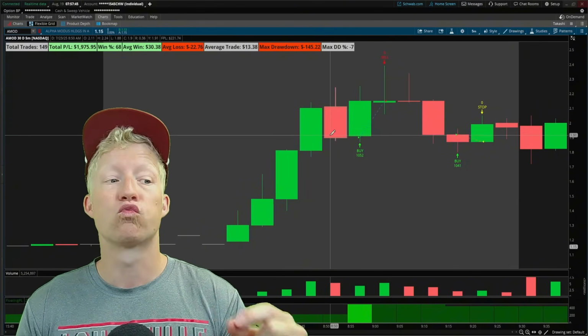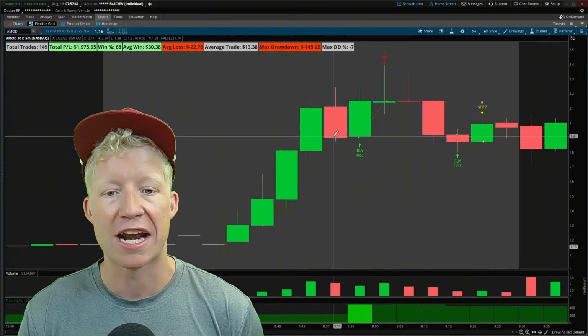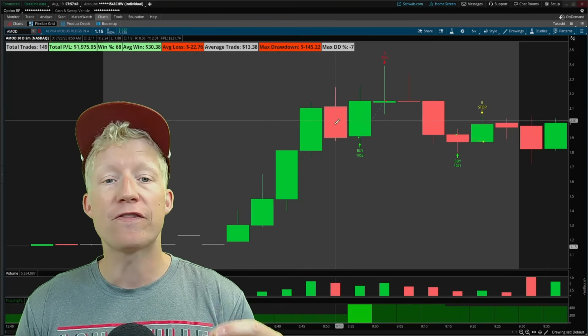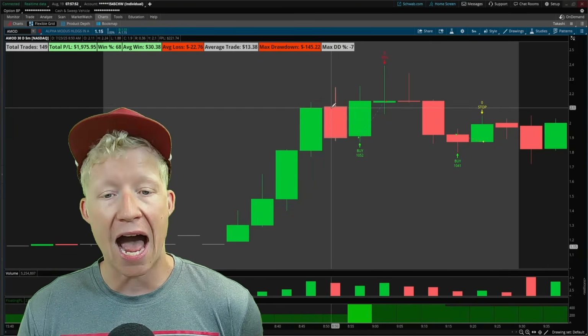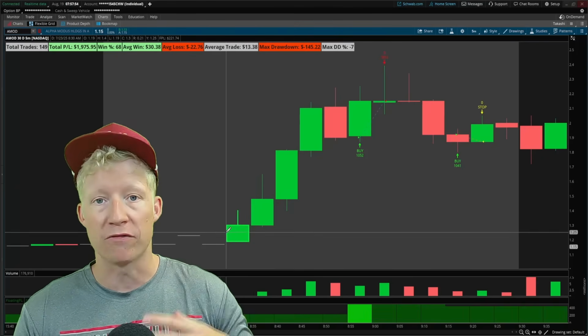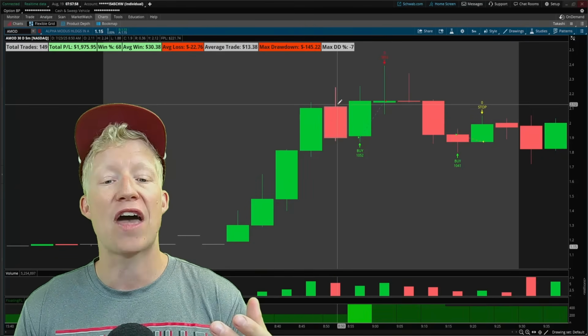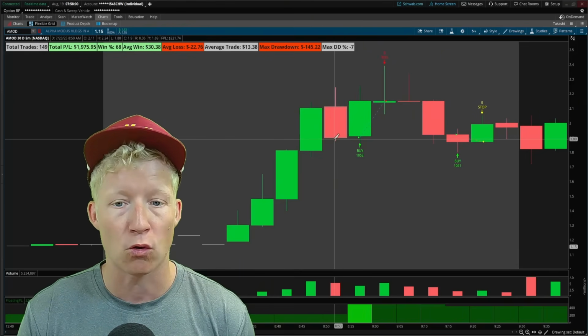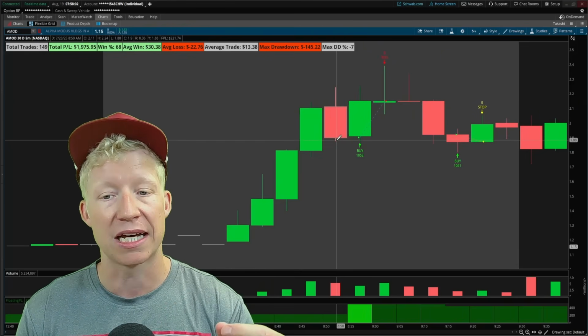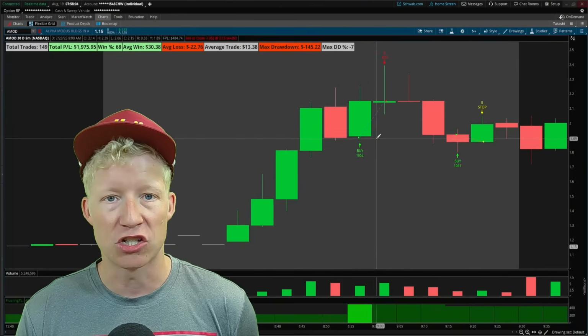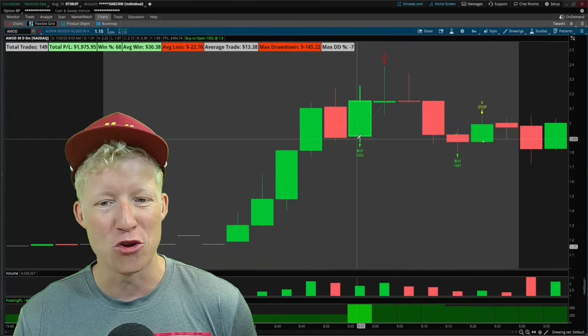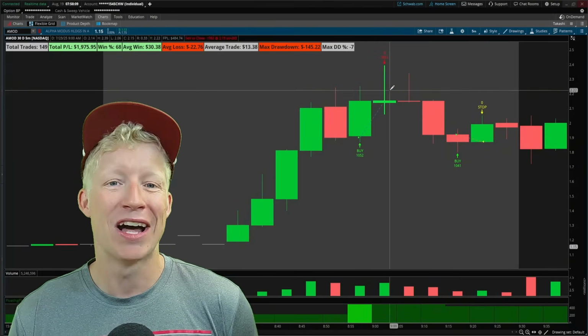This is when I really like to use this strategy: on the very first red candle after a large run up. Like, hey, there's pre-market news, the stock is very volatile to the upside, and then you get that first big red candle. That is the A plus setup of this strategy. And anyway, I just wanted to show you a better example of it.